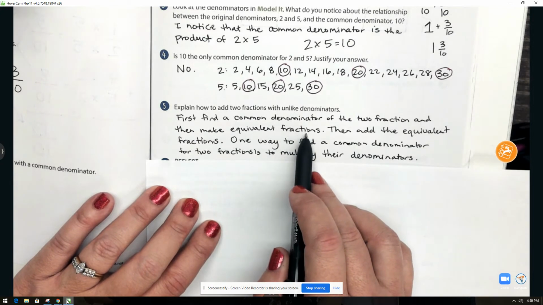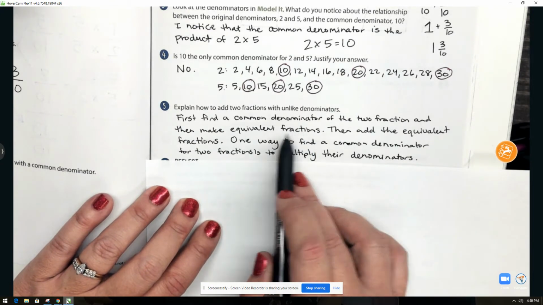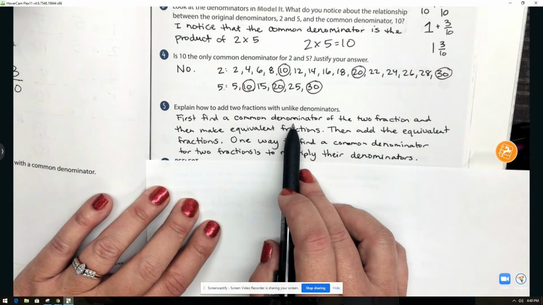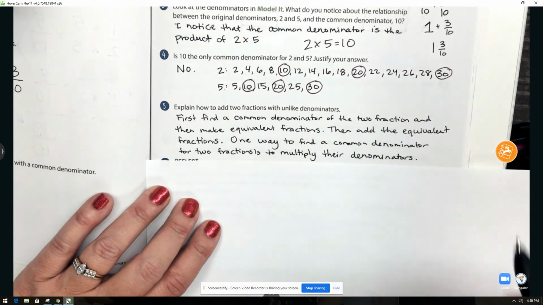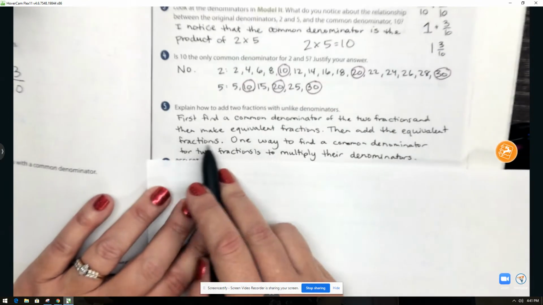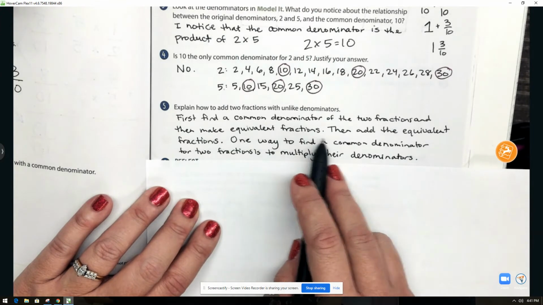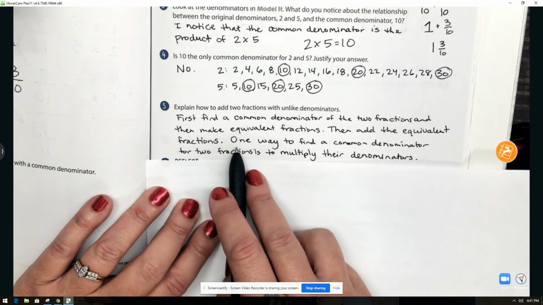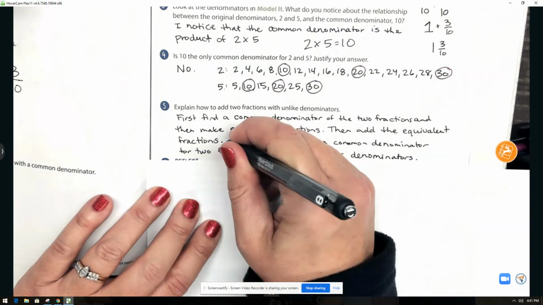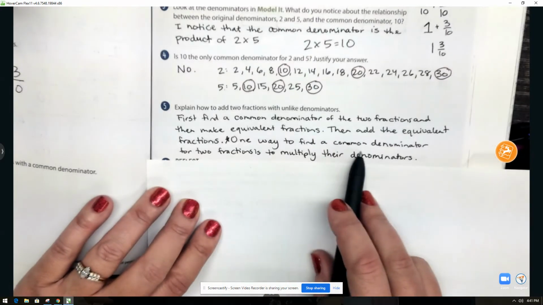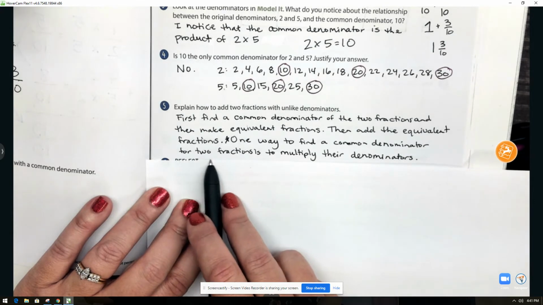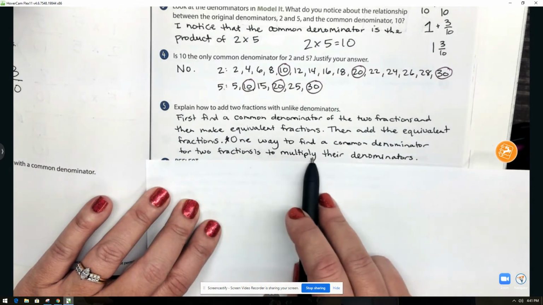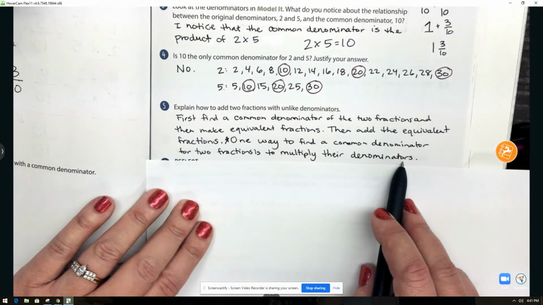So we need to find the lowest common multiple, or any common denominator, but it helps to find the lowest, of two fractions. And then make equivalent fractions. Then add the equivalent fractions together.